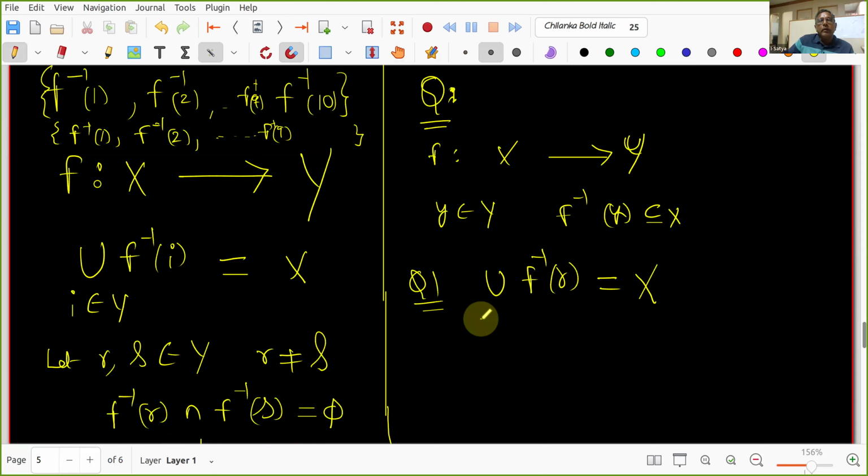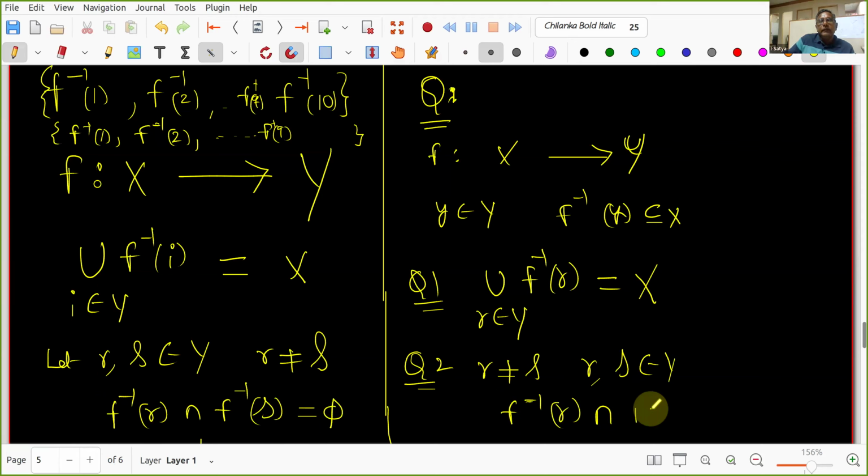Here R belongs to Y. Question number 2: if R is not equal to S, with R, S belonging to Y, why is F inverse of R intersection F inverse of S empty, that is, why are they disjoint?